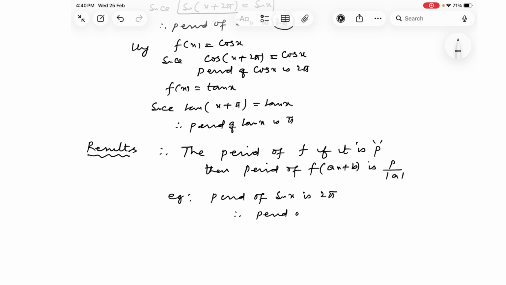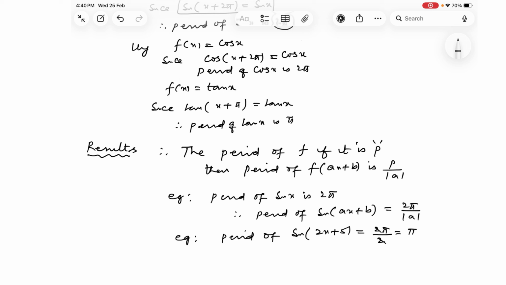Now for example, the period of sin x is 2 pi. Therefore, the period of sine of ax plus b is equal to 2 pi by mod a.